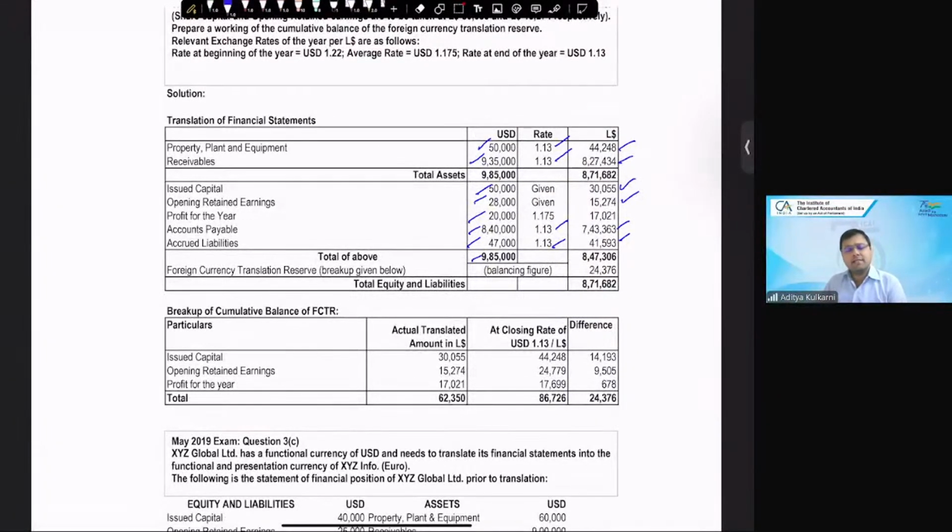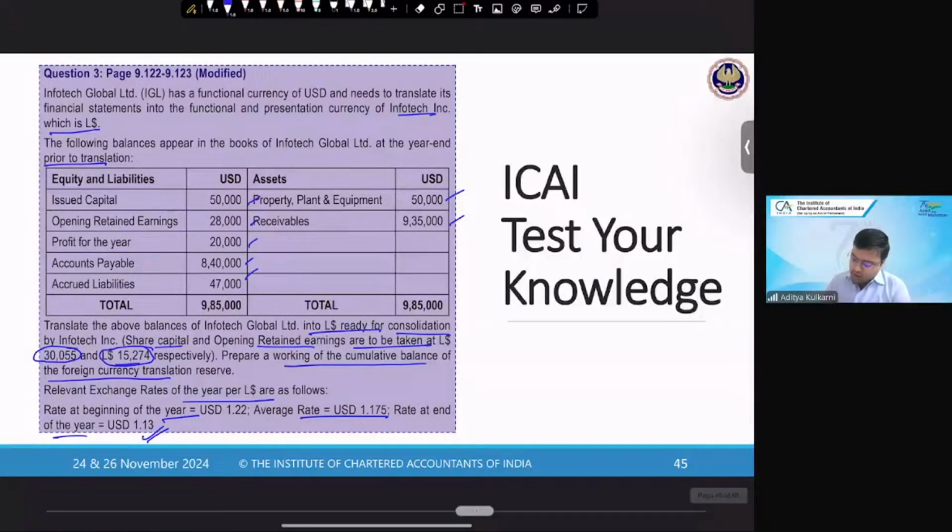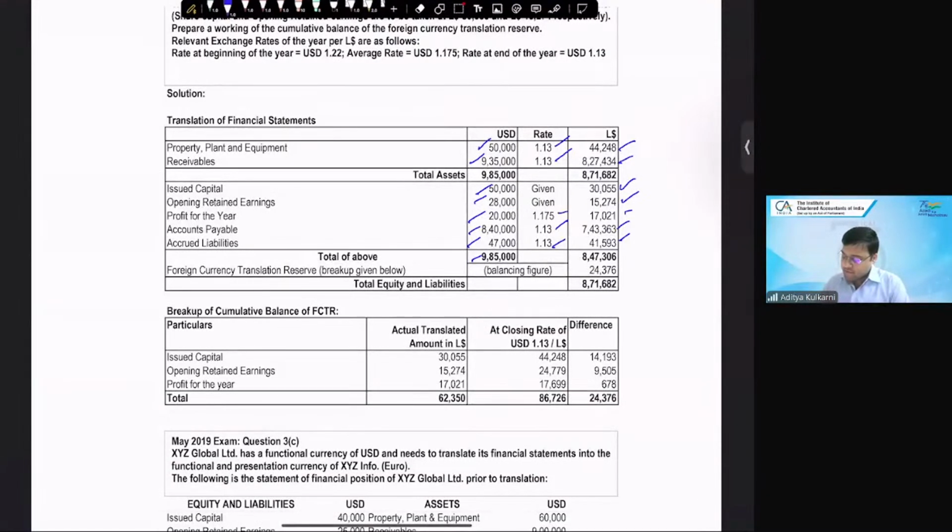Are you able to understand? And currently we have earned a profit of 20,000. For that, we will be taking the average rate of 1.175. So when I do that, the balancing figure is going to be your FCTR. Is it okay?